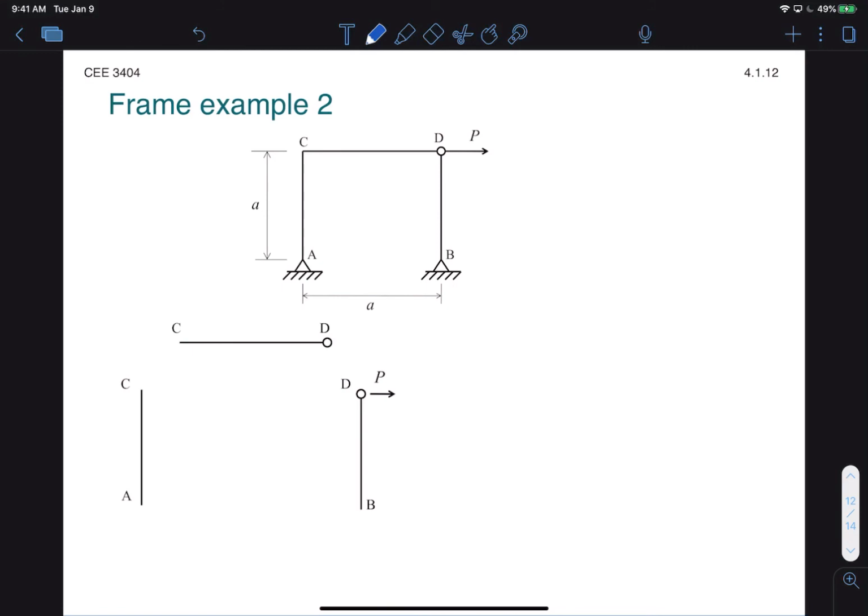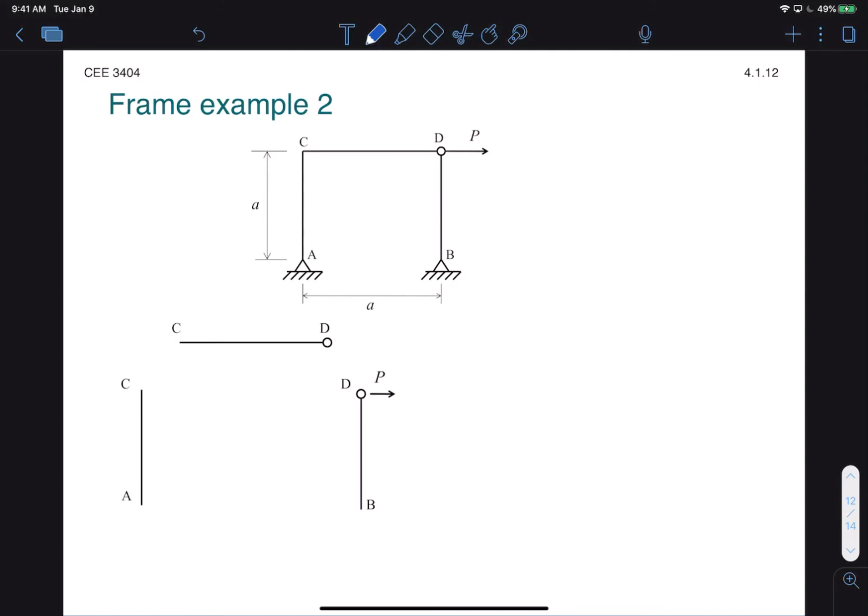Let's look at a second frame example. Here we have a hinged frame supported by 2 pins with a lateral load applied. Now the best thing to do is, of course, to split this frame into sections and solve each section as an independent free body diagram.